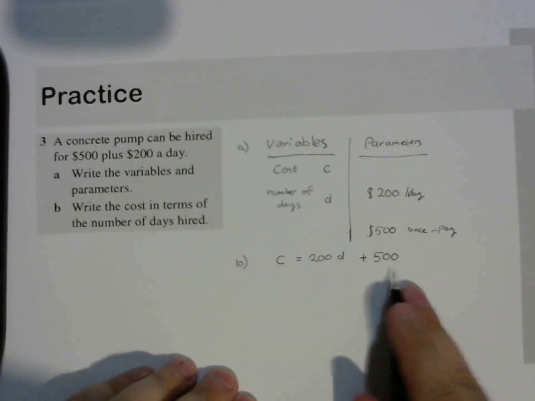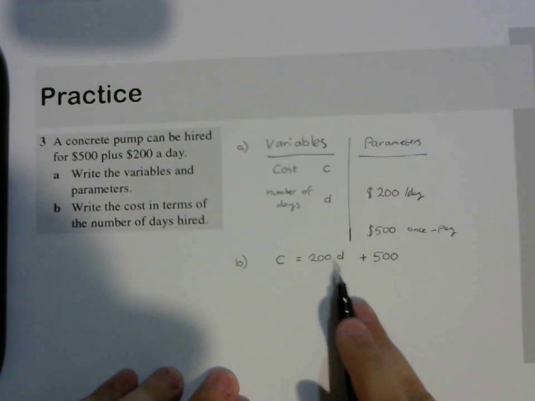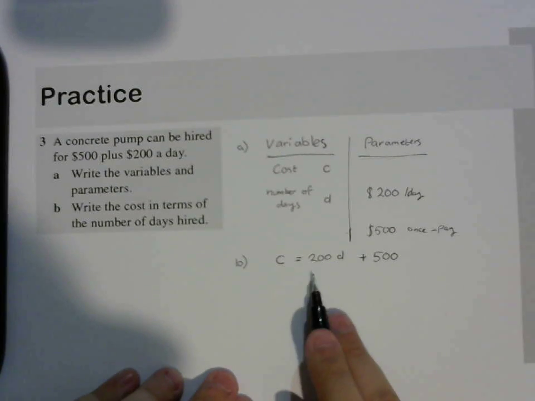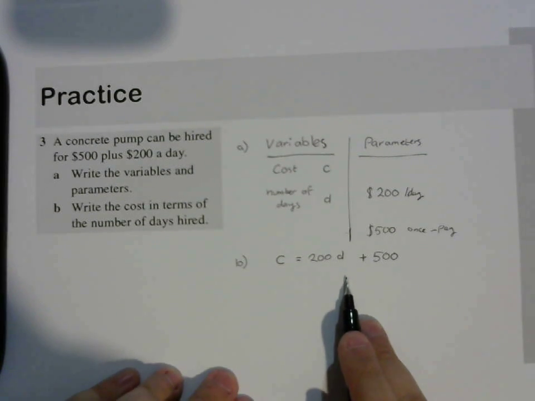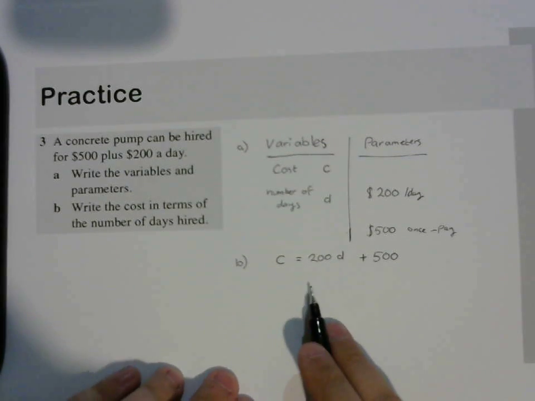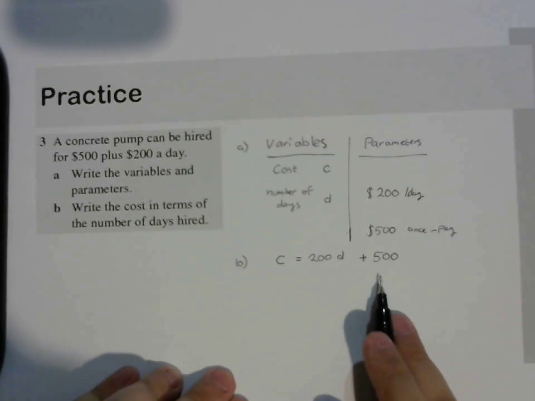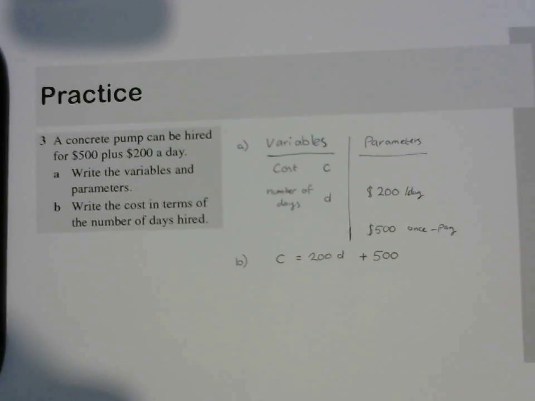And we could use that to calculate the total cost of hiring this pump. So if I borrow this for 7 days, we would have 200 times 7, which is 1400, plus 500, which would be 1900. And this would work for any number of days that we hire the concrete pump for.